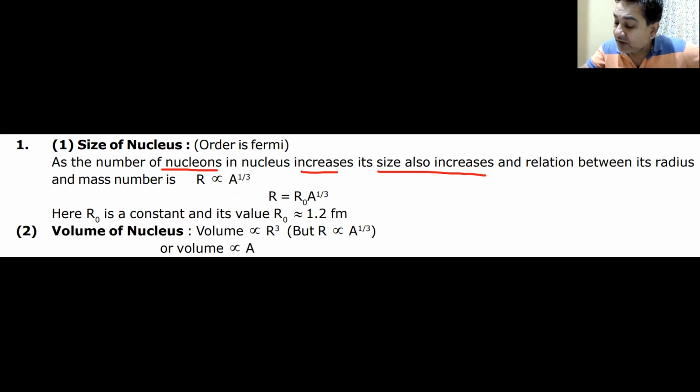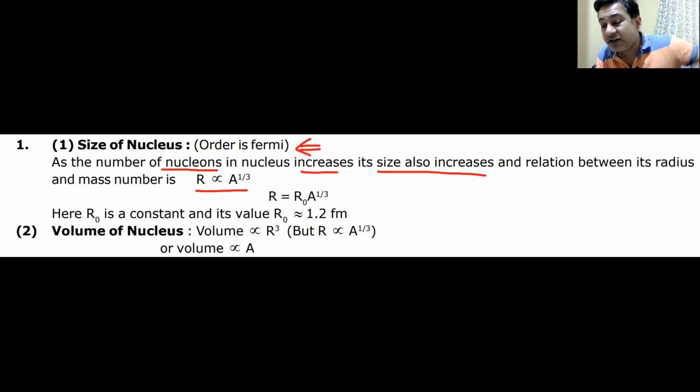What is the relation? R, which is the radius of the nucleus, and A, which is the mass number of the nucleus. R is proportional to A raised to the power 1/3. Do we see this relation? Yes, sir. The size of the nucleus is in the order of Fermi meters.